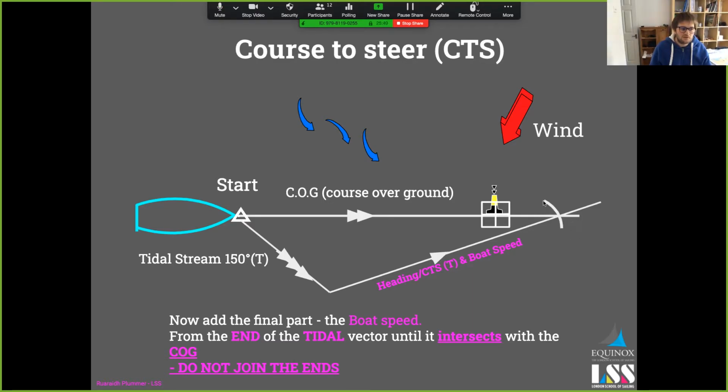This here represents my arrival time. It's all based on an hour, so this intersection point here is 1 hour. In 1 hour, I will travel from here to the intersect. Therefore the waypoint is going to be quicker to arrive at, so it's going to take me less than an hour to get there.